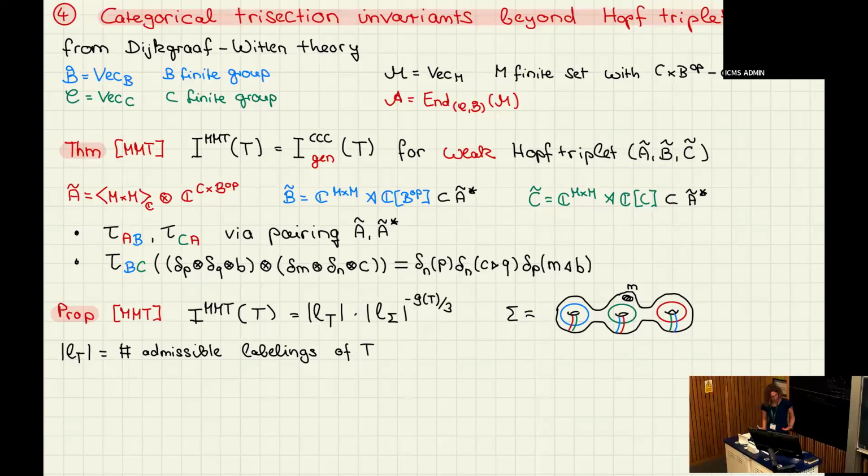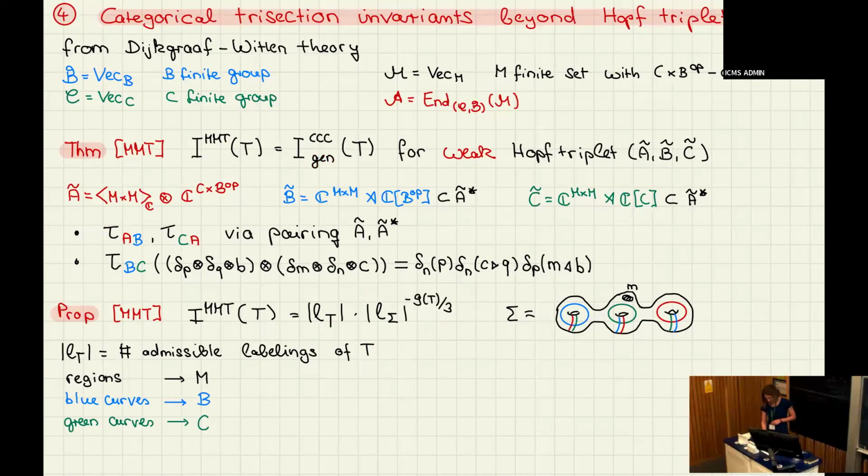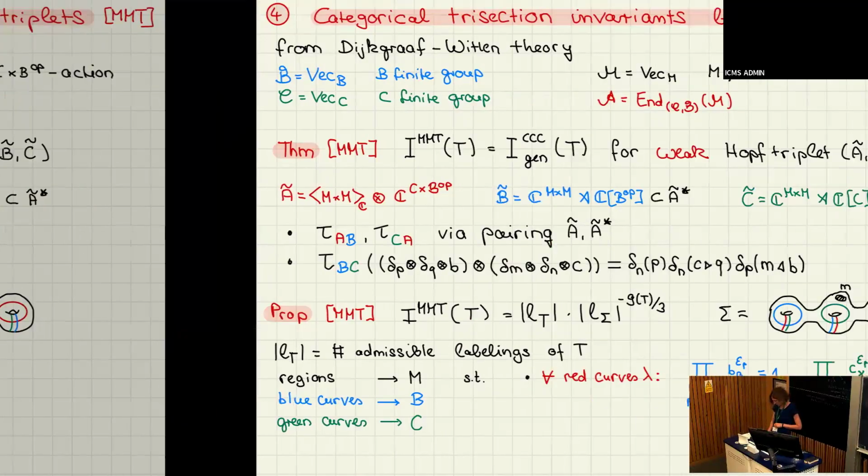Okay, so what are admissible labelings? Admissible labeling means that I associate to all the regions in the diagram between the curves some elements of M. To the blue curves, I associate elements of B. To the green curves, elements of C. And then it must satisfy two conditions.